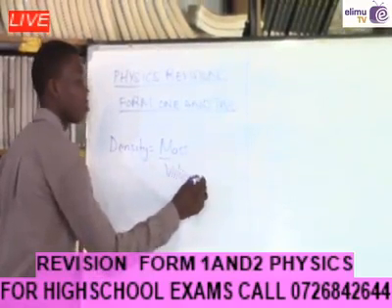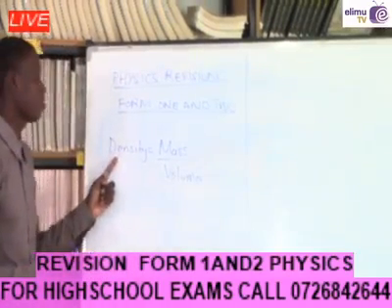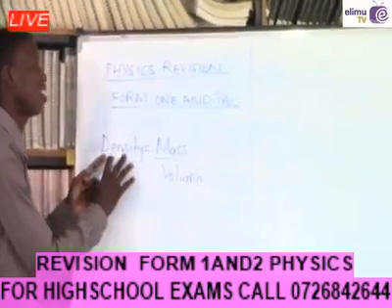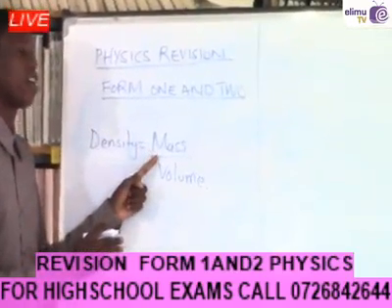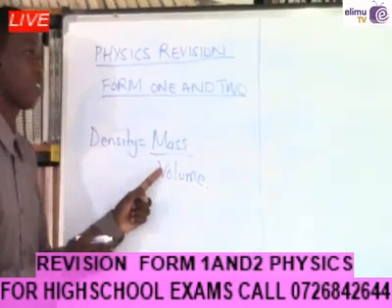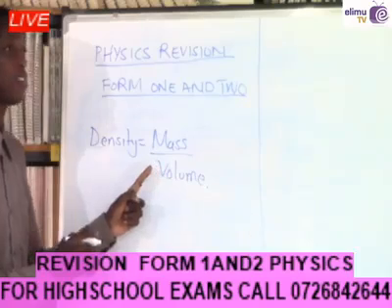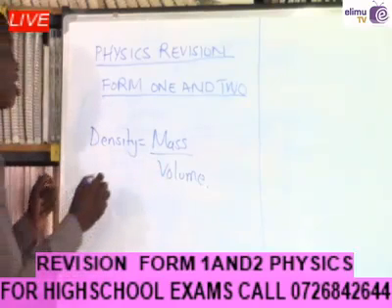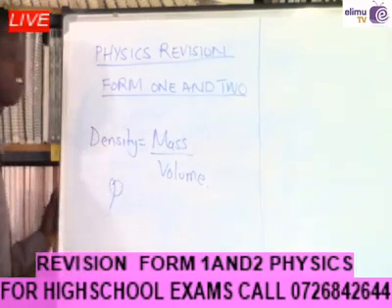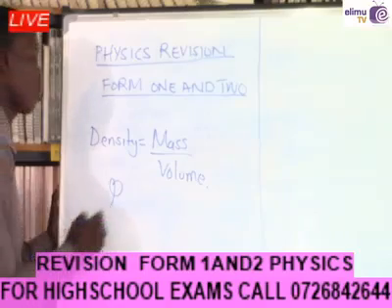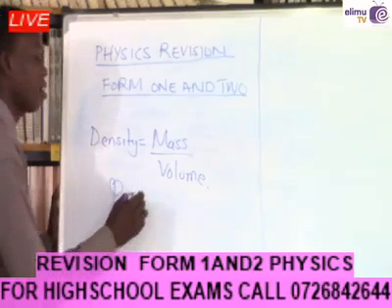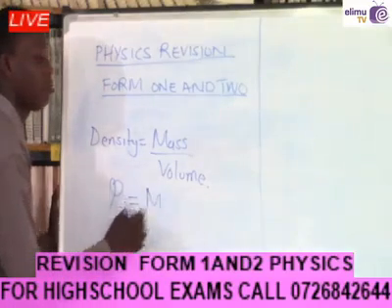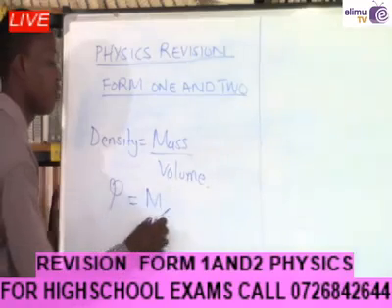So from this formula we get our definition that density is the mass per unit volume of a substance. Density can be denoted by the sign known as rho. Rho is calculated by mass, M, over volume, V.